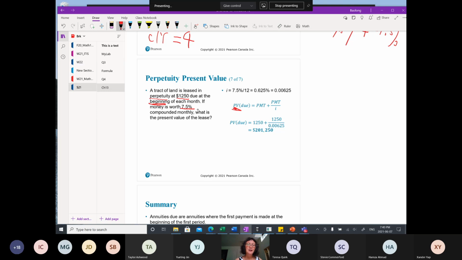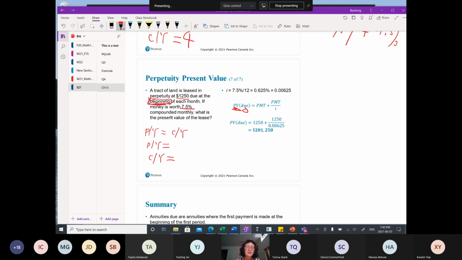Because it happens at the beginning, it is due. Beginning means due. And how do I know whether PY equals CY? You calculate PY first, then you calculate CY.